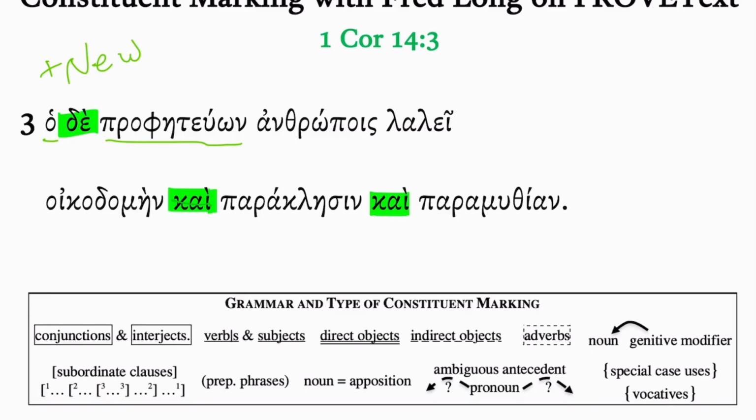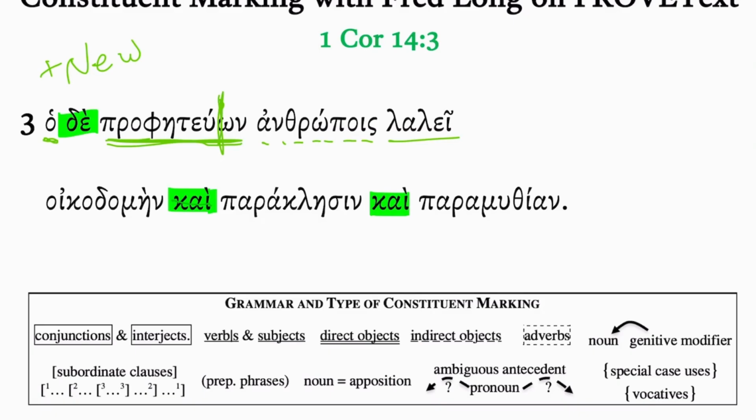Now, ho prophēteuōn is a masculine participle, present, active, and it's functioning as a noun, which is called a substantive use. So the ending there is cut off, the -ōn. We have a dative case noun, anthrōpois, which I'm putting a dotted underline on.